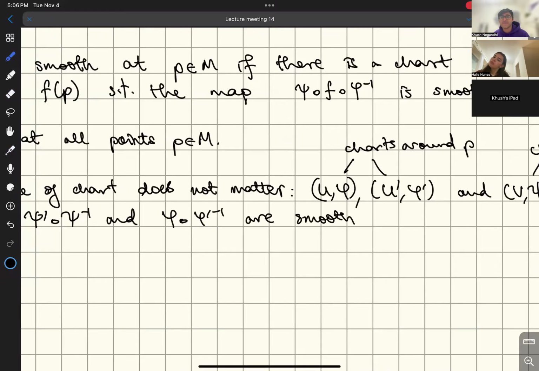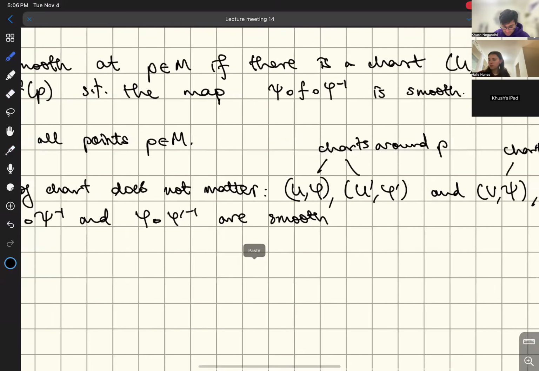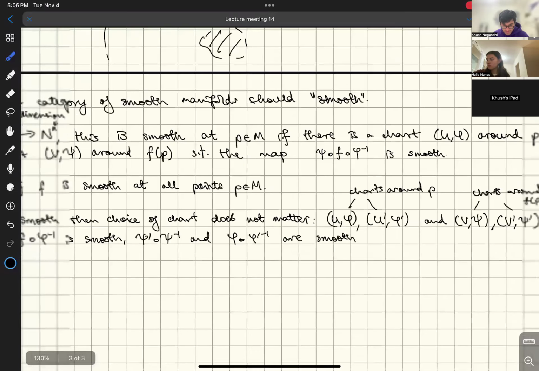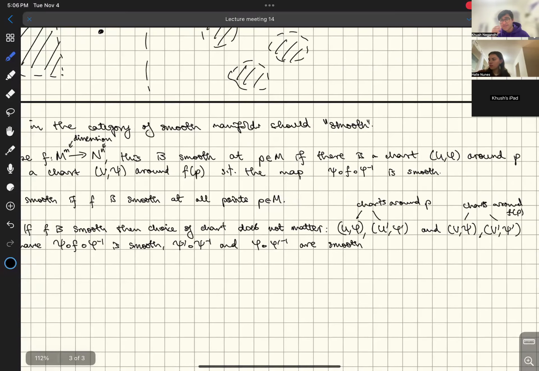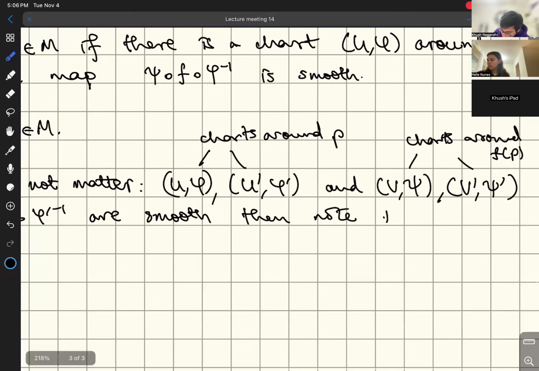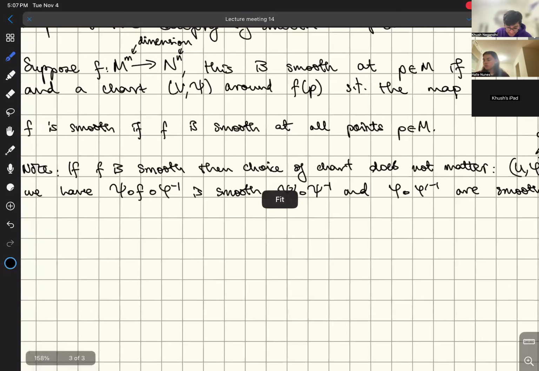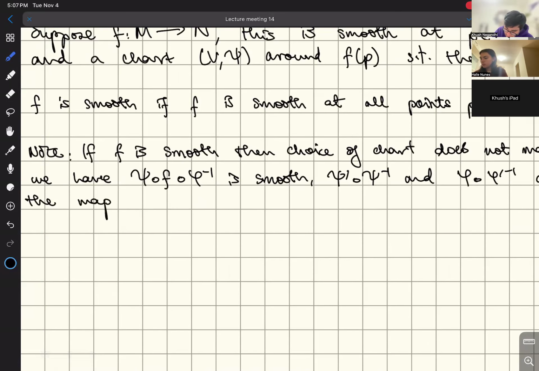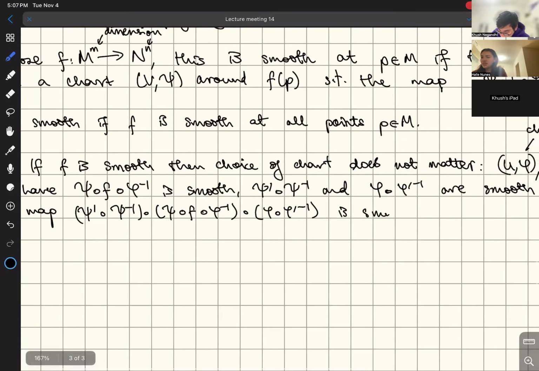I hope you can convince yourself that the composition of smooth maps is smooth. These are all maps between R^n, so we don't even have to worry about that. Then note that the map psi prime compose psi inverse compose psi compose F compose phi inverse compose phi prime inverse is smooth, because it's a composition of smooth maps.